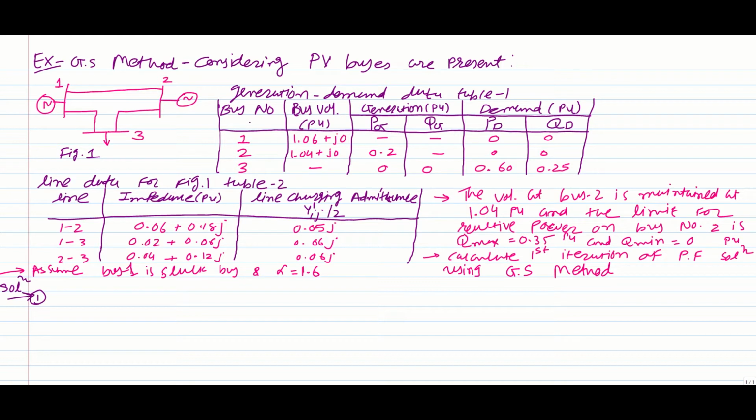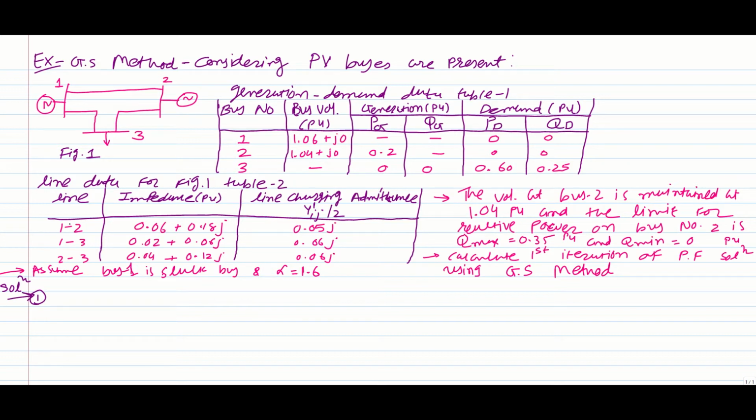One more thing, bus numbers are provided to us: 1, 2 and 3, and bus voltages are provided for bus number 1 and 2. Then generation and demand both are provided at each bus. Clear?